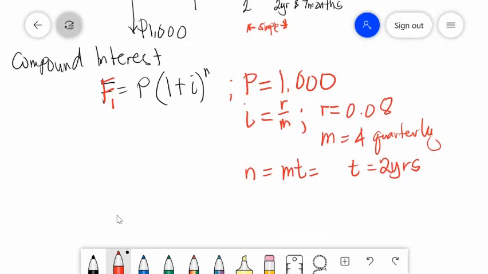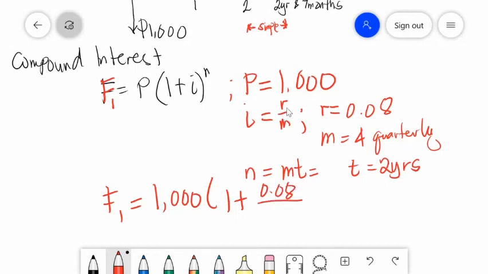So solving now for F1 is equal to 1,000 pesos multiplied by 1 plus I, 0.08 divided by M, 4, raised to MT. M is 4 times 2.